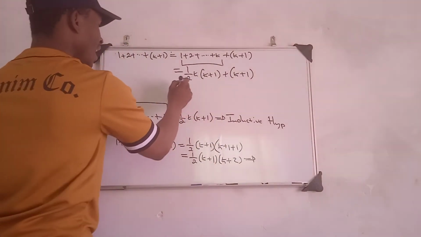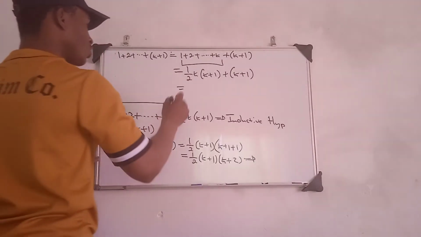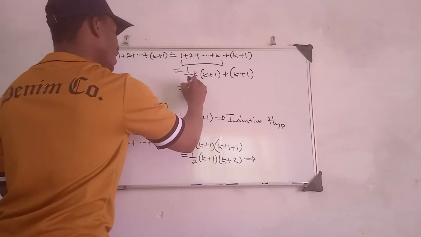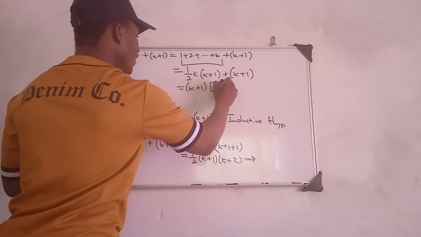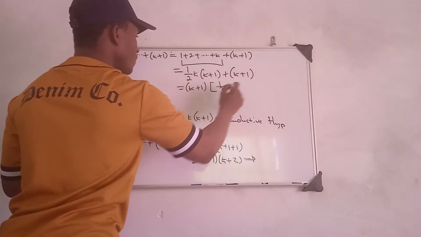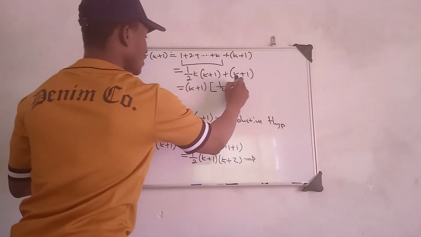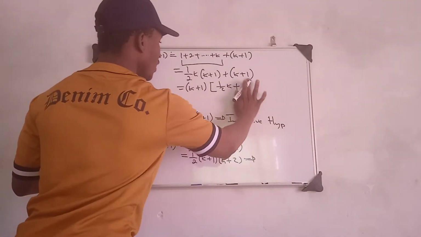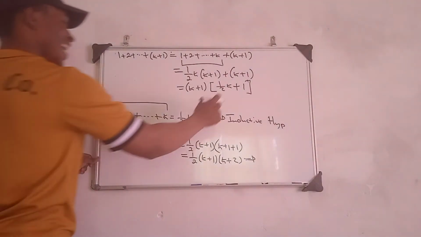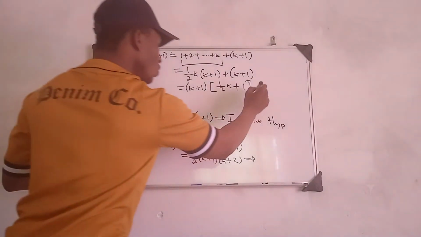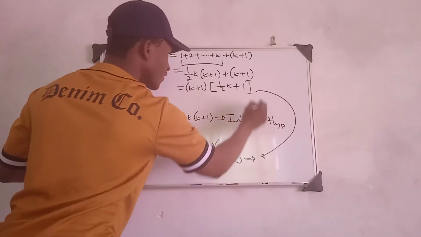So I can actually factorize. I will have k plus 1 into 1 over 2, k plus 1. This is what I'm going to have. And this thing is equal to this one.